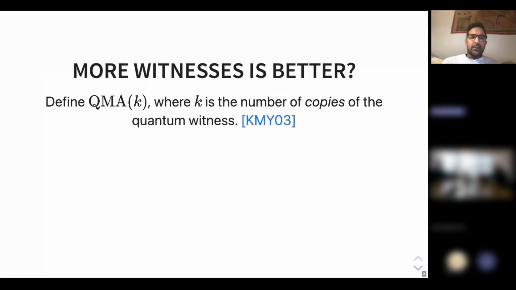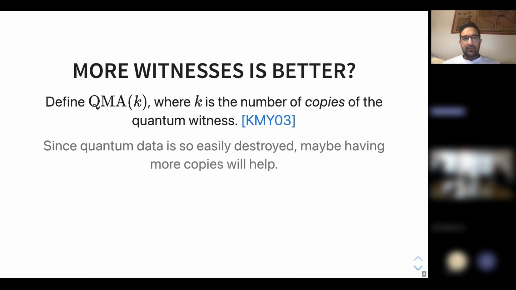So people define this class QMA-K. QMA is kind of like your quantum NP, but K will stand for the number of copies of the quantum witness. As K grows, you should have more copies, so maybe you should be able to verify more things.